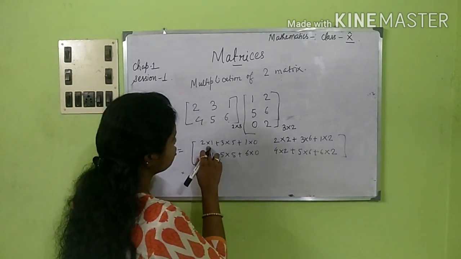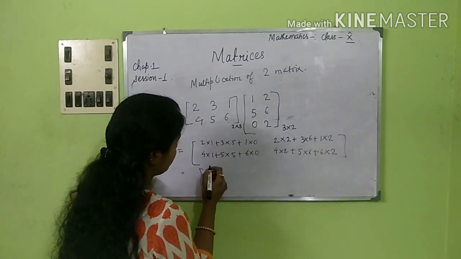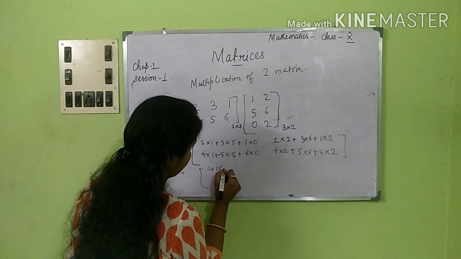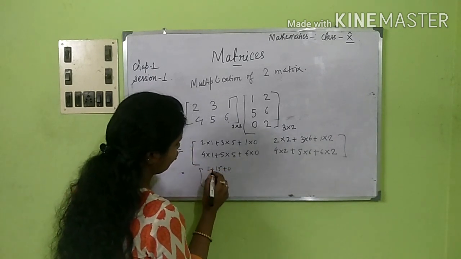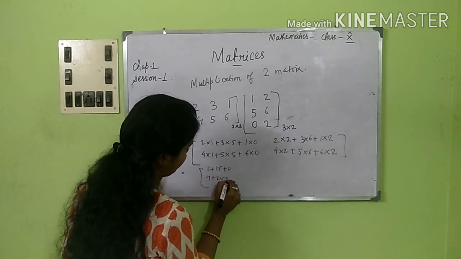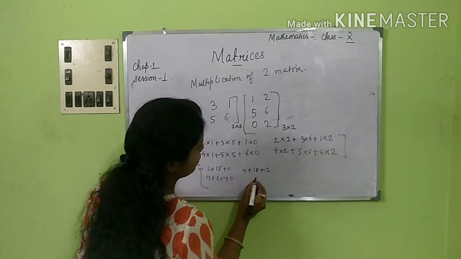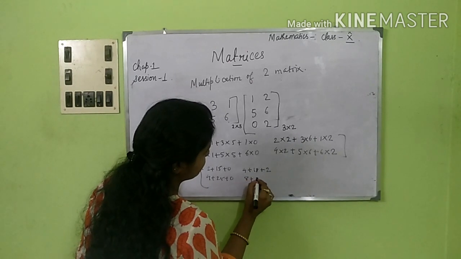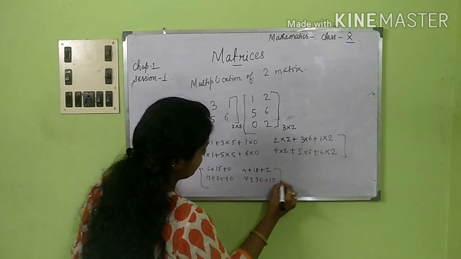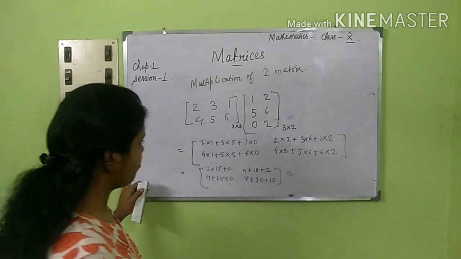You're going to get 2 plus 15 plus 0. Here I am getting 4 plus 25 plus 0. Here I am getting 4 plus 18 plus 2. And here I am getting 8 plus 30 plus 12. So you can add it and see how much you are getting.